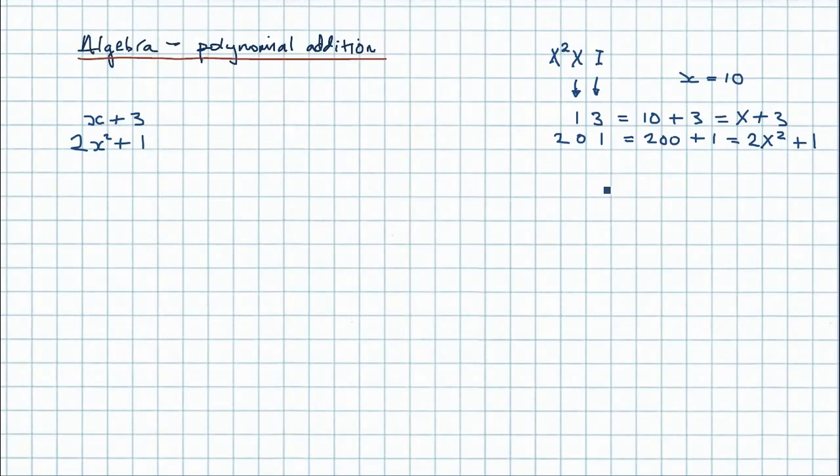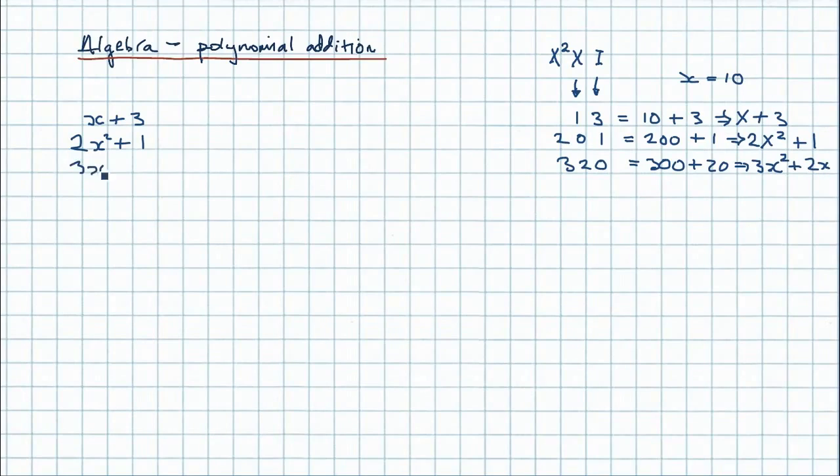Let's do a couple more numbers. Say we had 320 then. That would be 300 plus 20 plus nothing, so no ones at all. So that would give me 3x squared plus 2x and no ones.